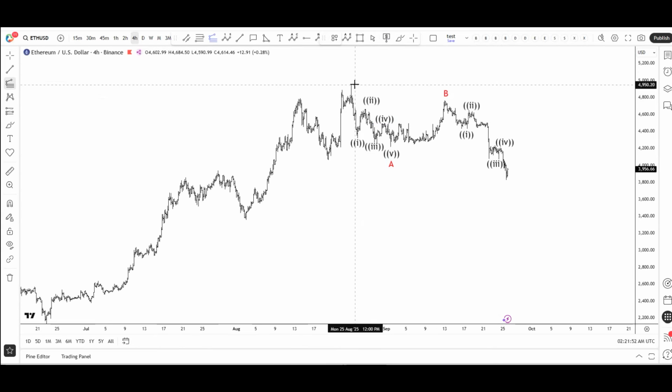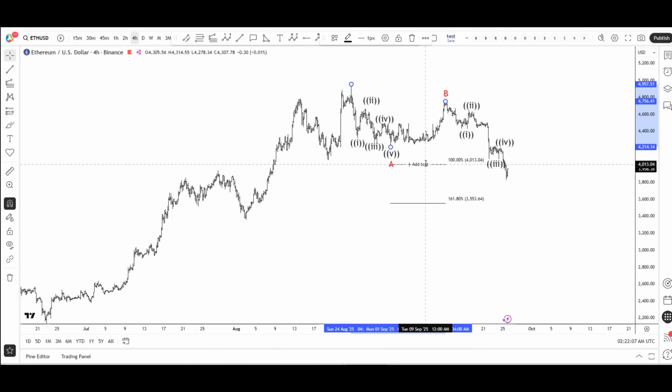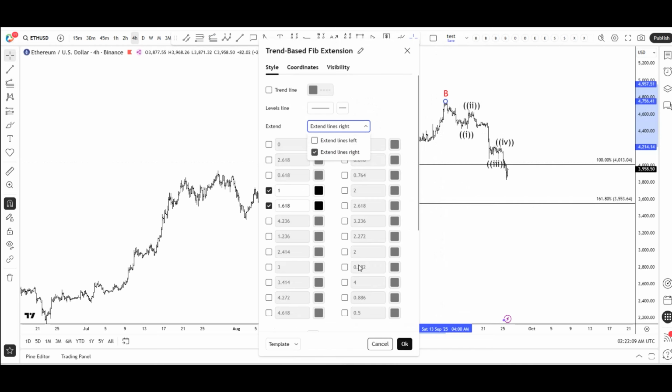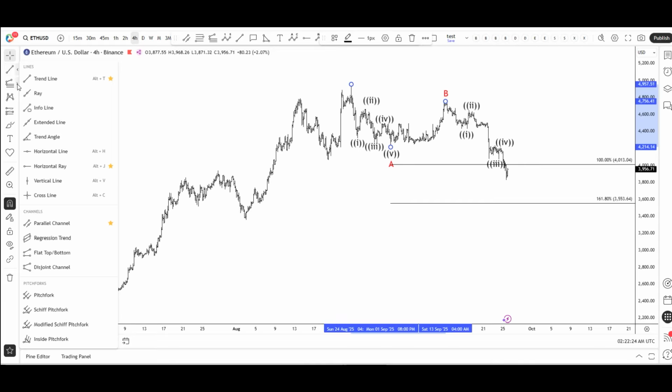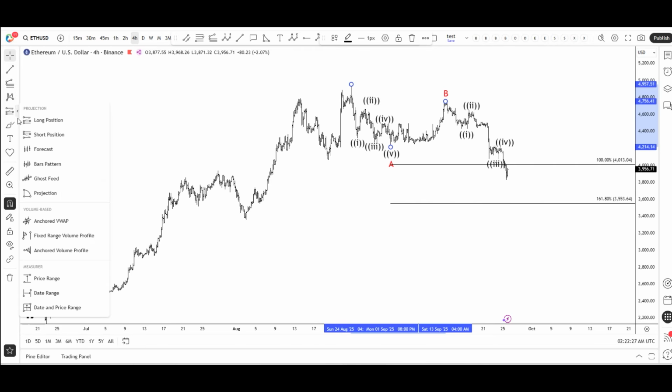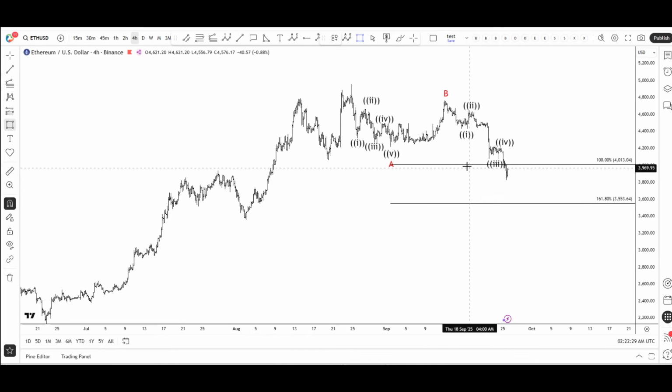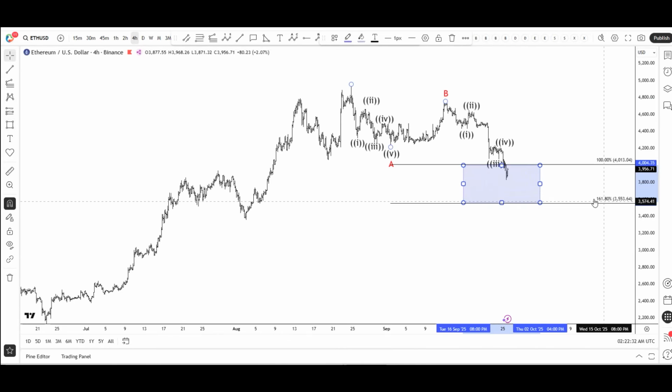And let's take a look at the extension. Let me use a magnet tool. So this one, ABC. Now you can see right here we are in the 100% extension area. So as long as, remember what I talked about earlier, in order for this to be a corrective ABC, typically you want to make sure it doesn't continue to go down below the 1.618.